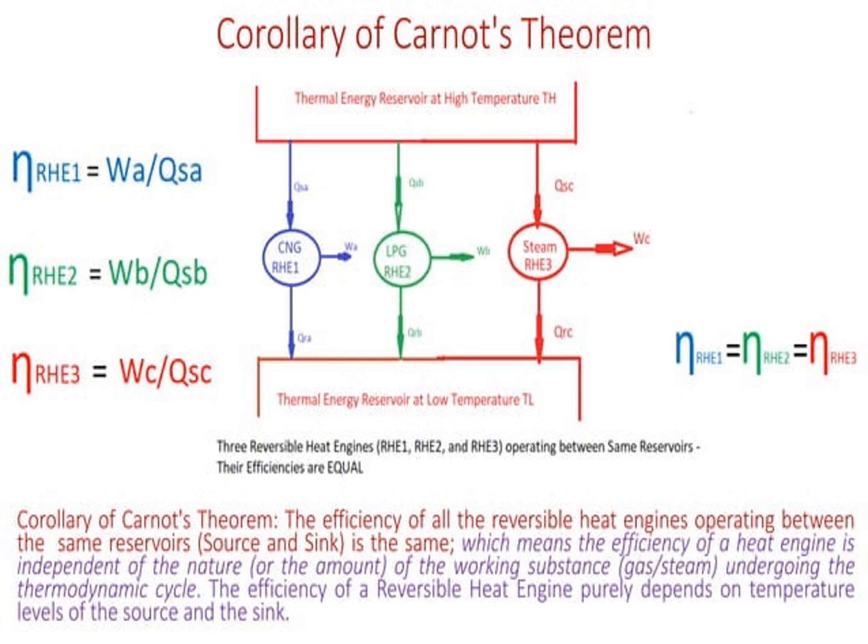If we consider both heat engines as reversible engines, then their efficiencies will be the same. These are the two statements given by Carnot, and this is known as the Carnot theorem.